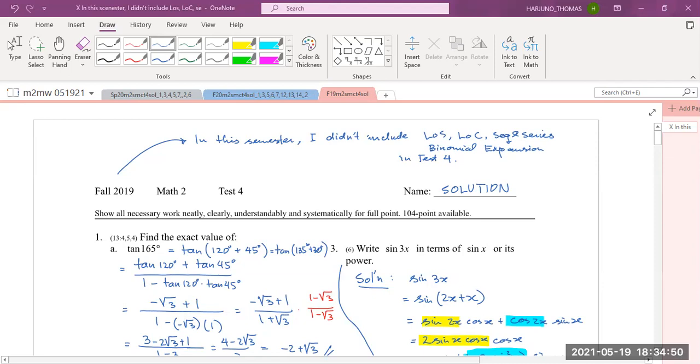Why am I missing sequence and series? Yeah, sequence and series, binomial expansion, because those are always in my precalculus. Let me check the final.